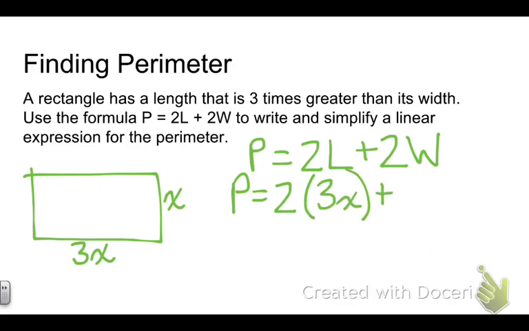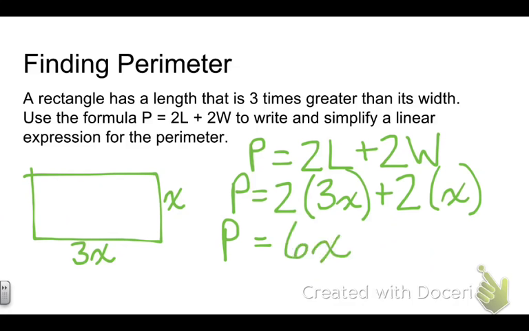And I'm adding that to 2 times w, and our width would be x. So now I can multiply, I can solve. Perimeter is going to give me 2 times 3x is 6x. 2 times x is 2x. And now my perimeter, 6x plus 2x gives you 8x.